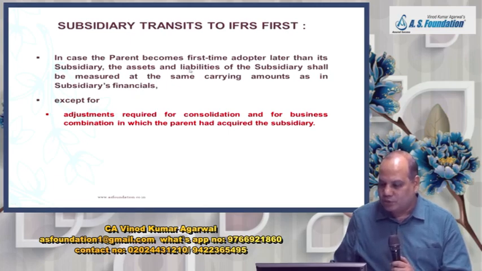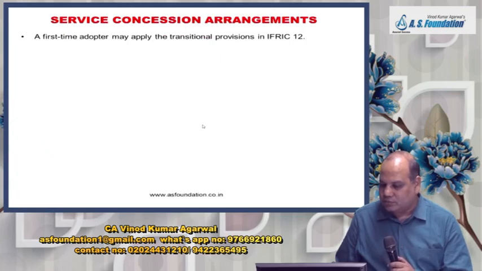You continue to follow whatever you have done because you have already moved to IFRS. However, adjustments are required for consolidation and for the business combination in which the parent had acquired the subsidiary. But for the purpose of consolidation and business combination, adjustment will be made.